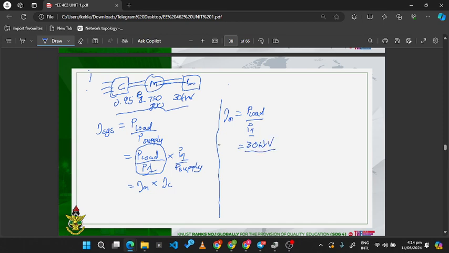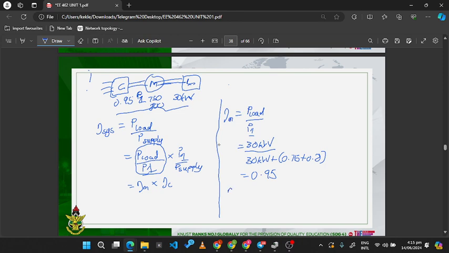And the input to the motor would be the output, that's the 30 kilowatts, plus the losses in the motor, and that would be 0.75 and 0.8, and that gives us 30 over 31.55, which gives 0.95 as well.